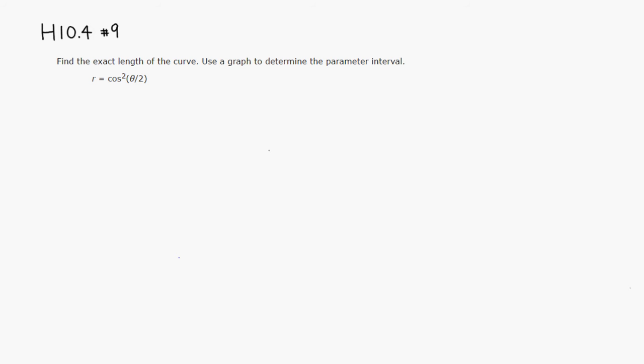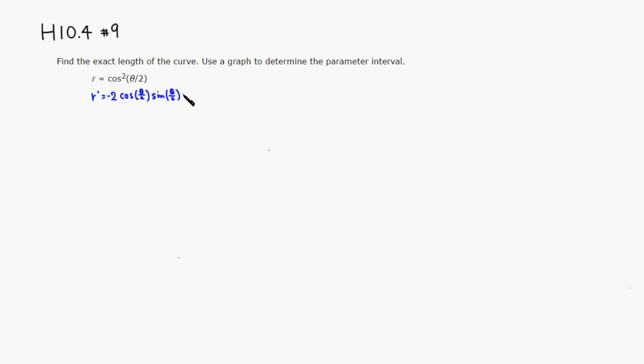All right, so let's find the arc length. First I have to find the derivative. So r prime is equal to, I put 2 in front, keep the cosine of theta over 2, and times the derivative of cosine, which is going to be negative sine of theta over 2.